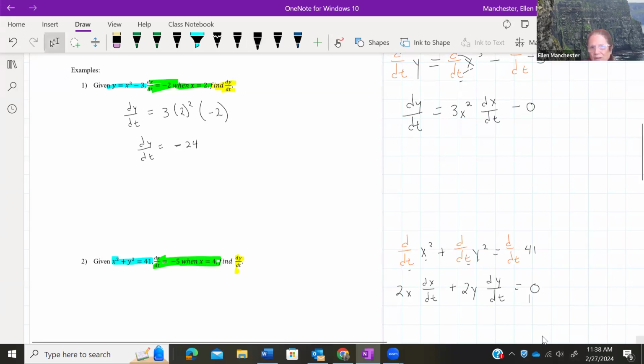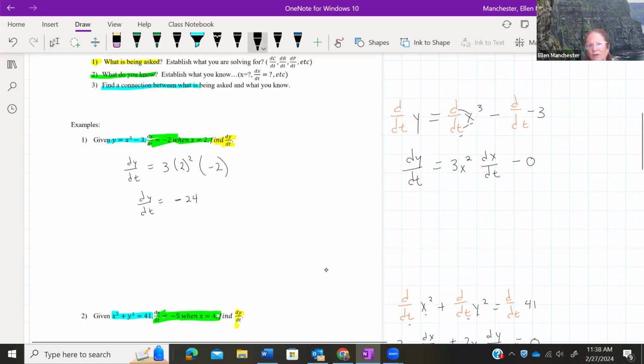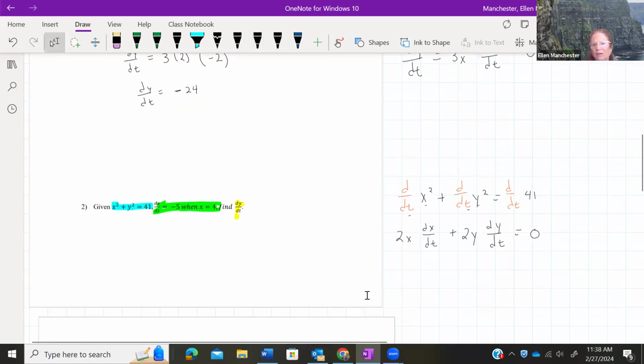Okay, now on both of these, I want you to notice something. Every time there's a different variable, I have a derivative, dy dt. I have a different variable here, dx dt. Same thing down here. So every single time you have different variables, you're going to have one of these derivatives.